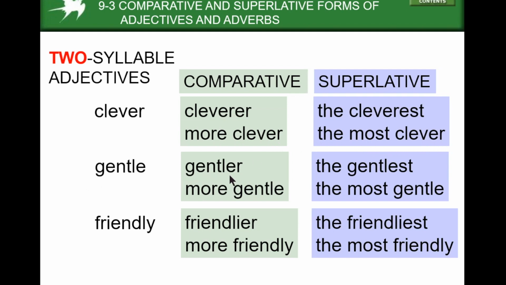Gentle, gentler, the gentlest. Gentle, more gentle, the most gentle. Friendly, friendlier, the friendliest. Friendly, more friendly, the most friendly. These adjectives sometimes have er, est endings, and sometimes you can use more or the most.